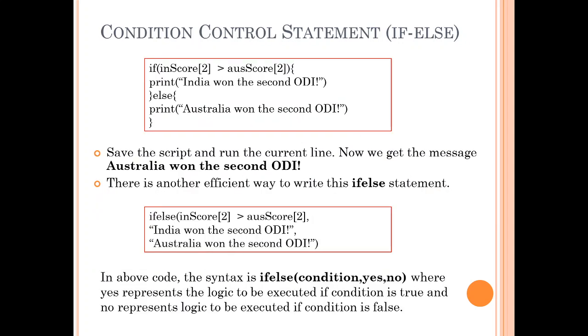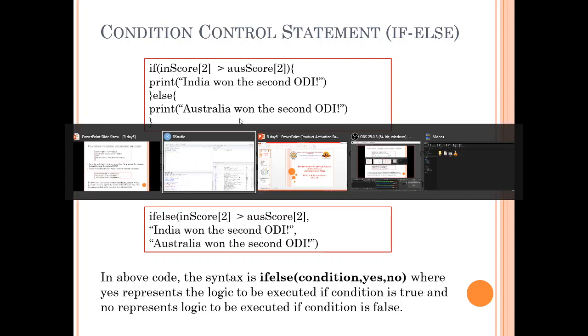Now check here that if the score in the second match is greater than the score in the second match, this means India won the second ODI. But if it is not so, then we'll say that Australia won the second ODI. So let us do it in our studio.